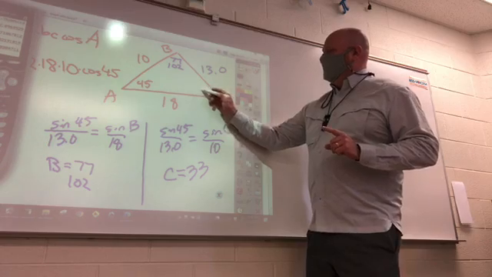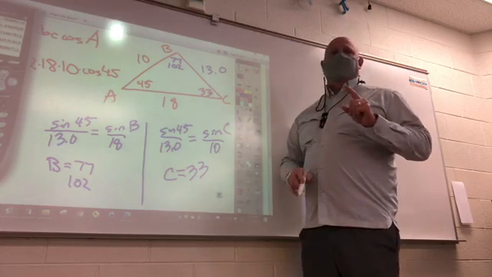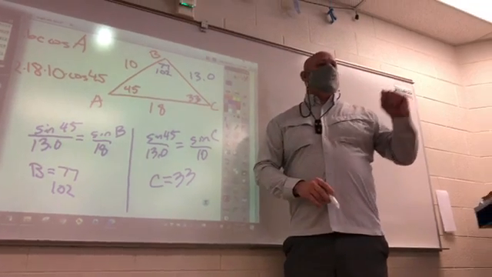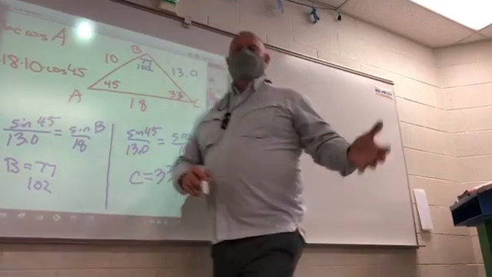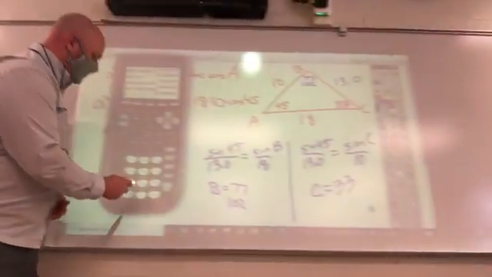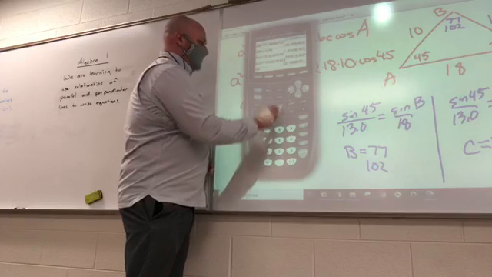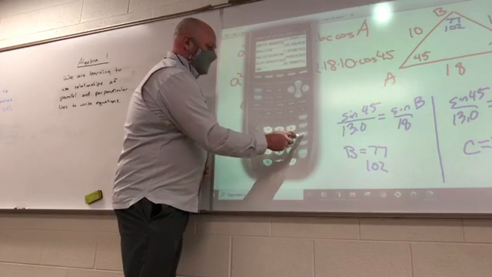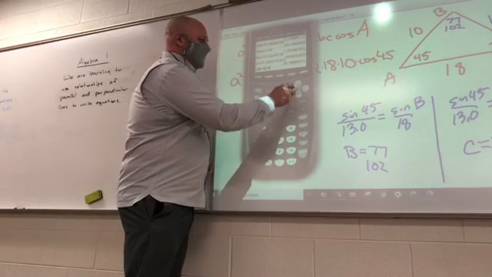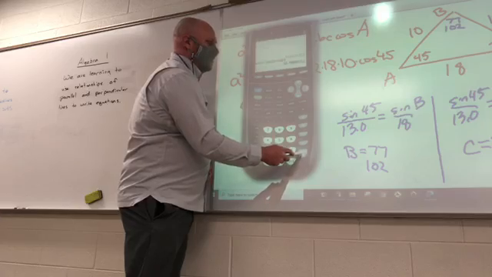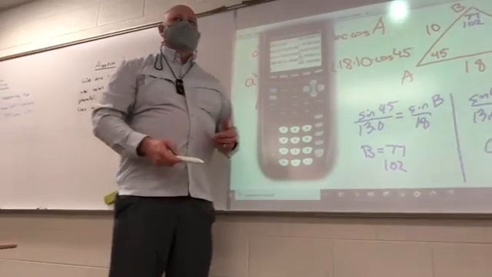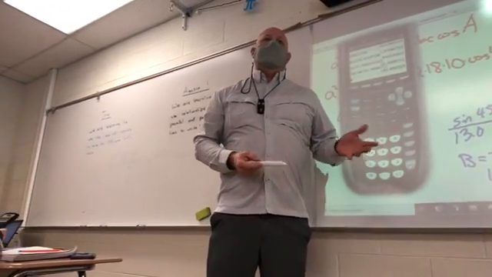I know that this has to be the 33, right? And then how do I find the last angle? I do 180 minus. So now I can just go 180 minus the 45, and then minus now the 33, and it's 102. So it happened to be the obtuse angle.